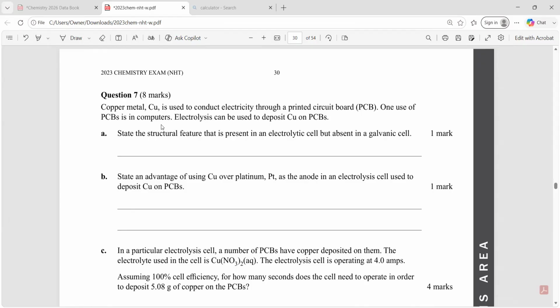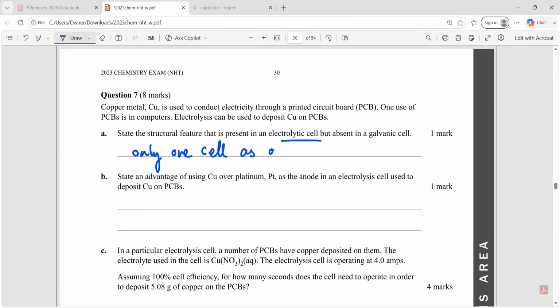That's okay. Cool. State the structural feature that is present in an electrolytic cell but absent in a galvanic cell. Electrolysis. So I would say maybe only one cell, only one half cell, as opposed to two half cells.